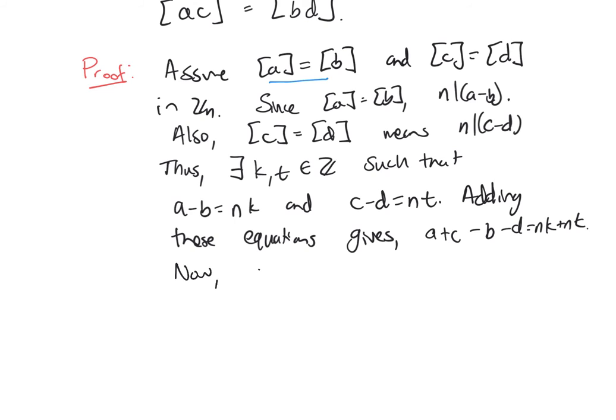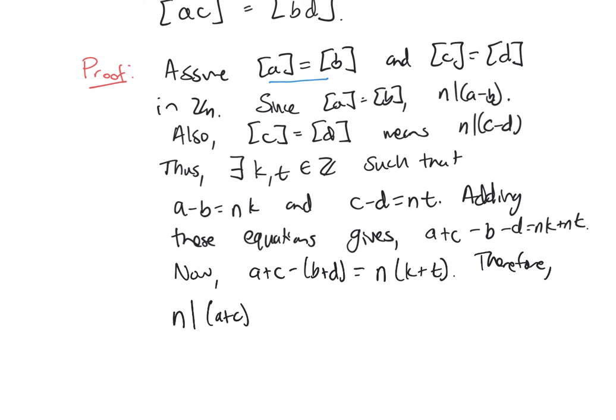So I'm going to factor out the minus on the two terms on the left, and then factor out an n on the right. And what does this say? This says that n divides A plus C minus B plus D, which is exactly what we needed to say the equivalence class of A plus C is equal to B plus D. So we got half of our proof done.